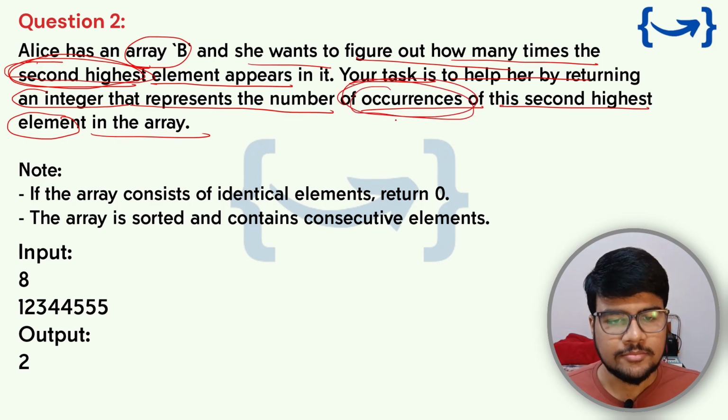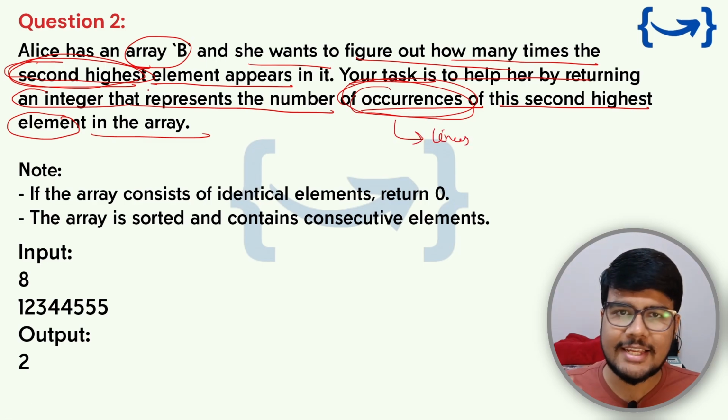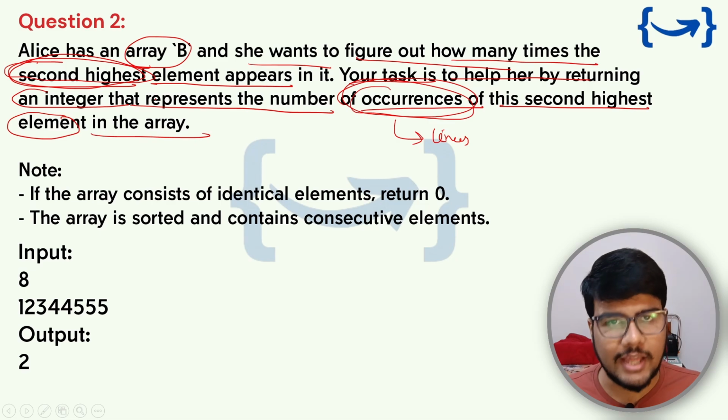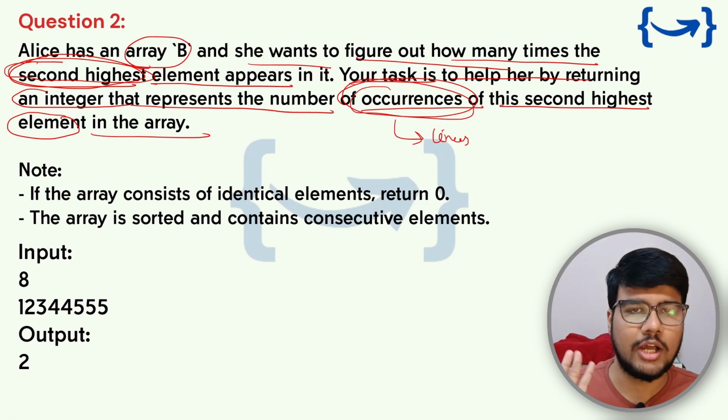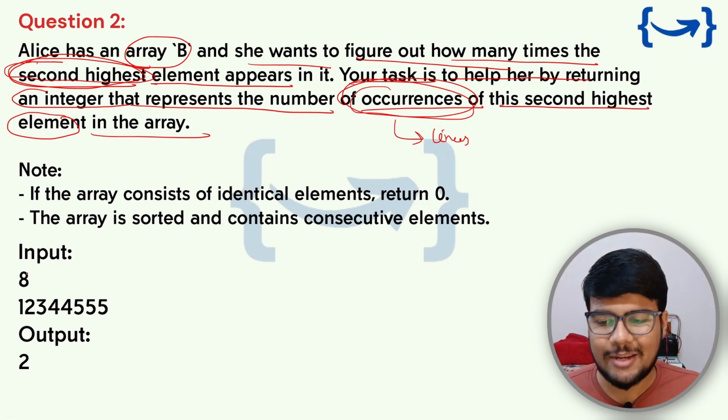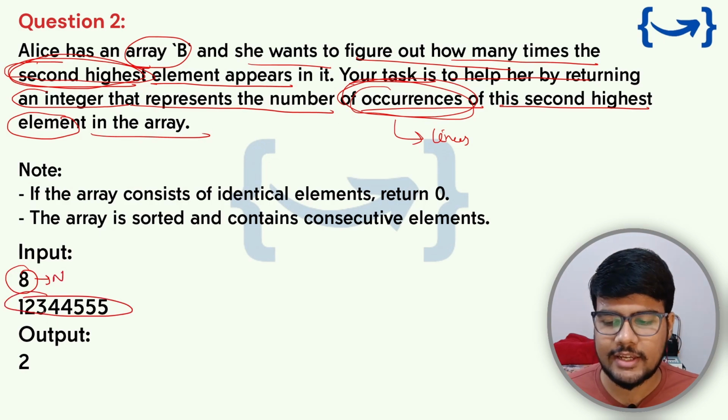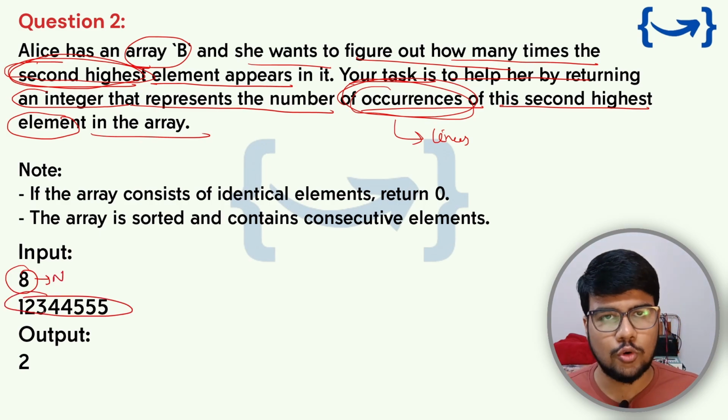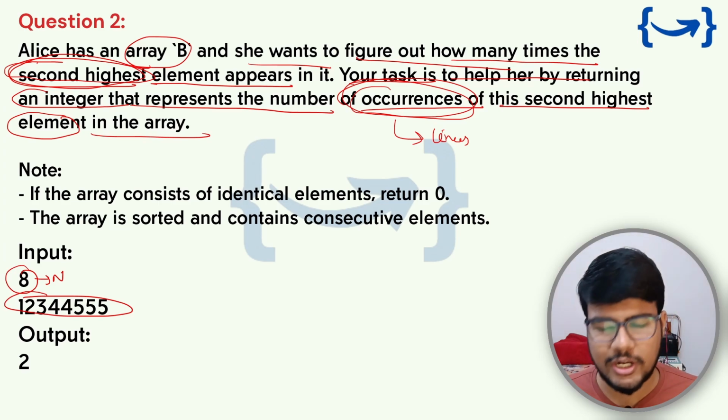I know that it will take linear time to find the occurrence, and it will take linear time to find the second largest element as well. So I need to do two tasks here. We got the input as n, the length of the array, and next I'm getting 1 2 3 4 4 4 and 5 5 5 as input that we need to take.